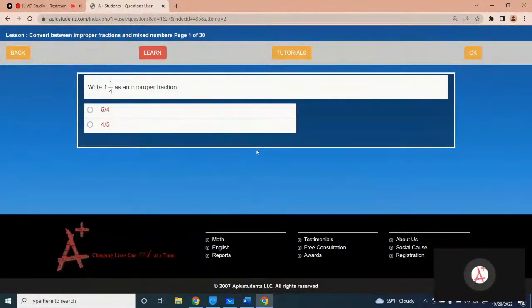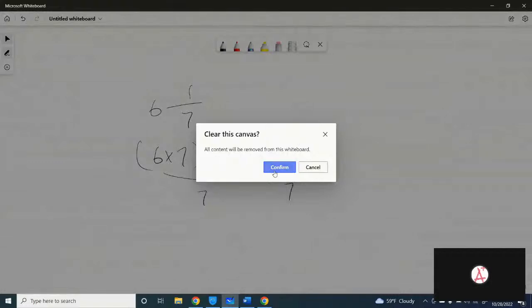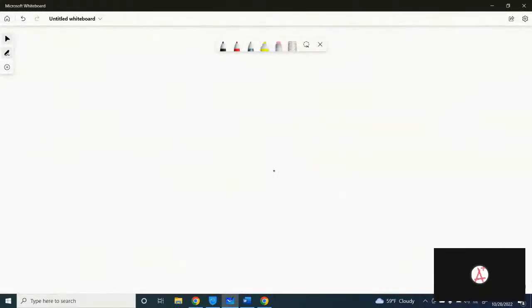Okay, write 1 whole 1 over 4 as an improper fraction. So you have to write 1 whole 1 over 4 as an improper fraction. So how do we write 1 whole 1 over 4? You need to do the whole number times the denominator. So 1 times 4.